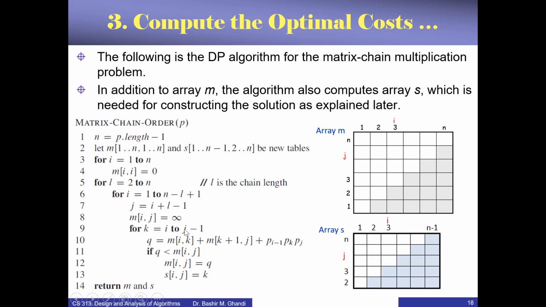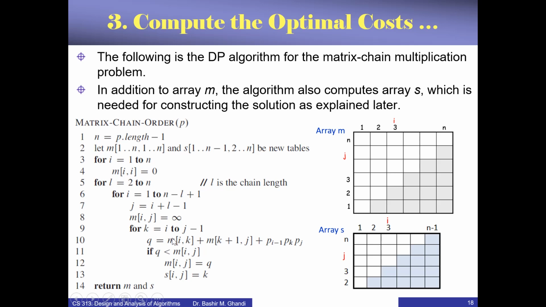For each value of k, we just follow our formula. Compute q to be M[i][k] plus M[k+1][j] plus p(i-1) times p(k) times p(j). This is exactly from our formula. So this will compute one of the q's.